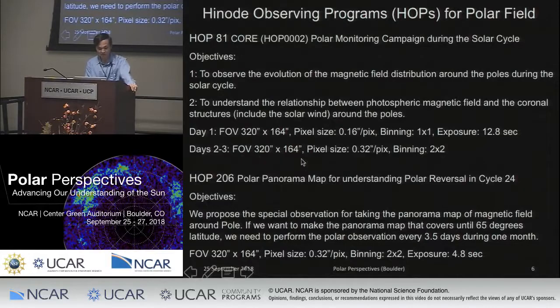And Day 3 may observe the other pole or repeat, but at half resolution, meaning 2x2. And HOP206 is 2x2, but it does every 3 days to cover the entire longitude.